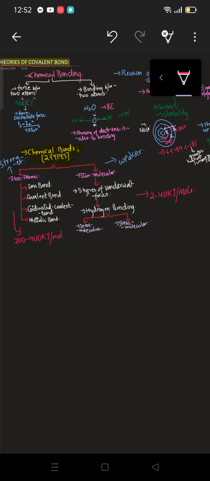We're going to study each in great detail. But to dive deep, we need to understand the basics first. If our basics are not clear, we cannot understand the advanced. Advanced means diving deep into the topic, so we'll be diving deep into the theories of the covalent bond.